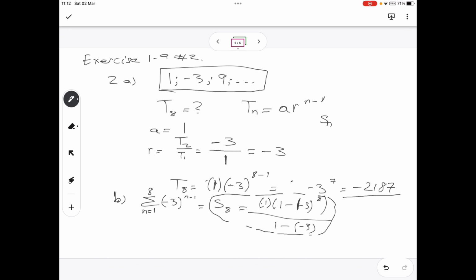This is from the formula, the sum of n terms is a times 1 minus r to the power n over 1 minus r.